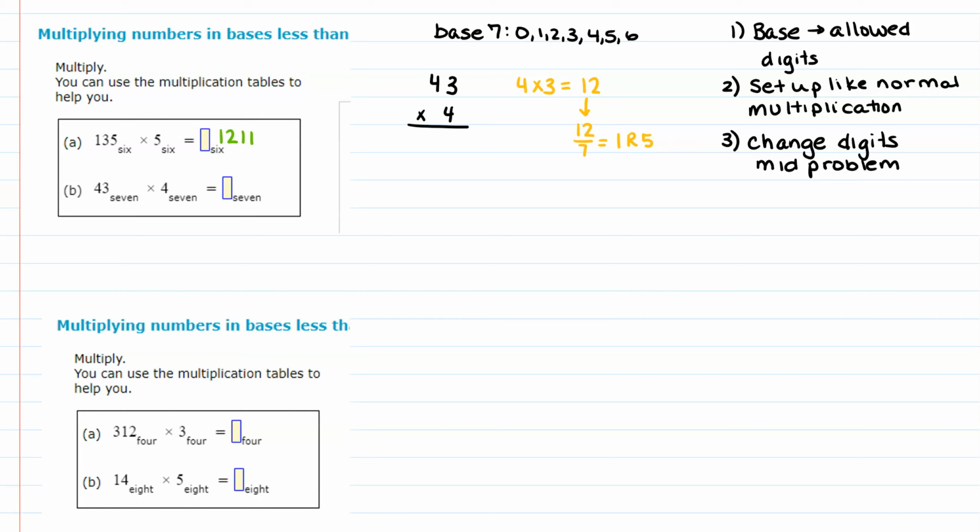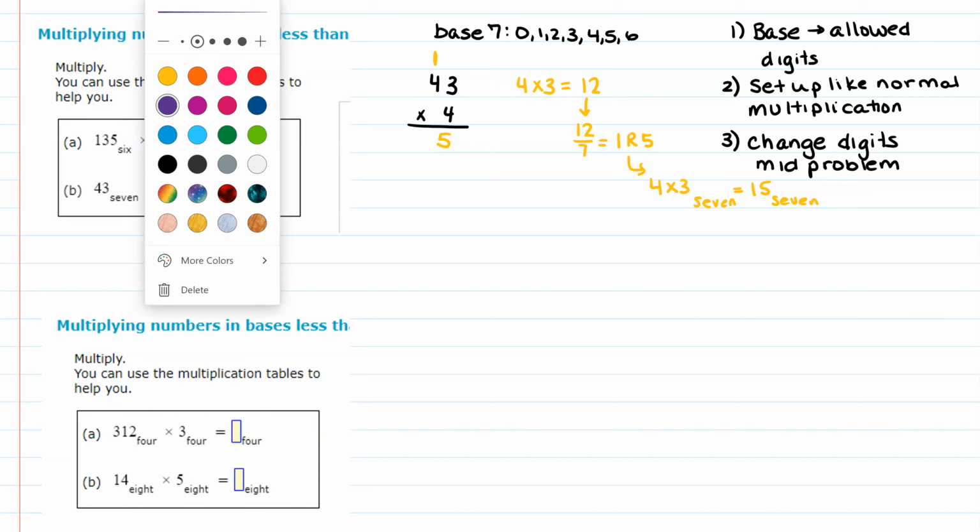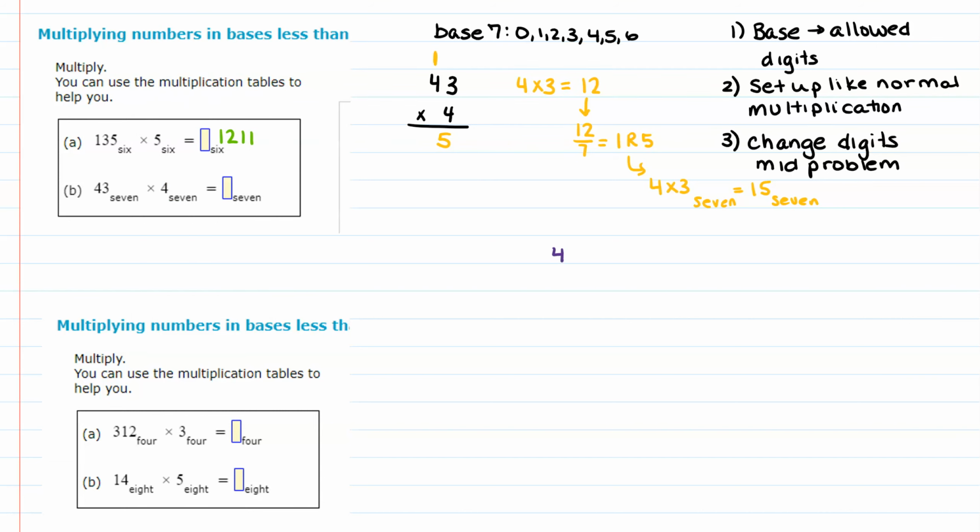So what this means is 4 times 3 in base 7 is 1, 5 in base 7. So now the 5 is going to go down and the 1 is going to go up. So now for my next move, I'm going to do 4 by 4, so 16.